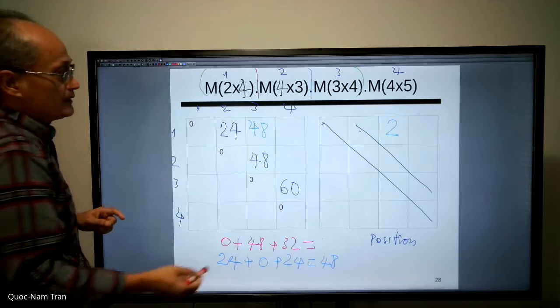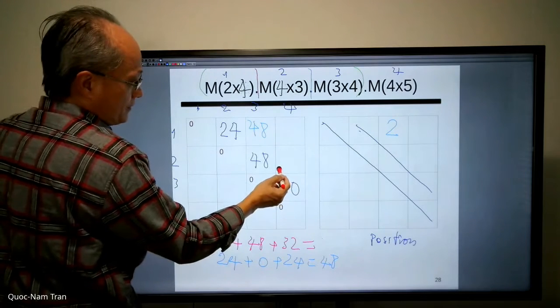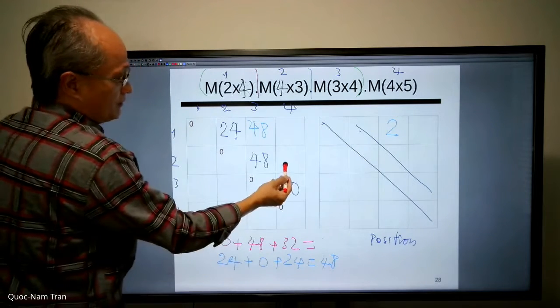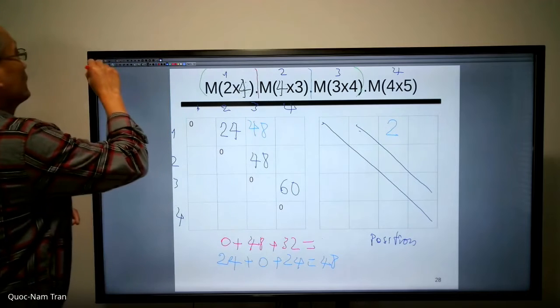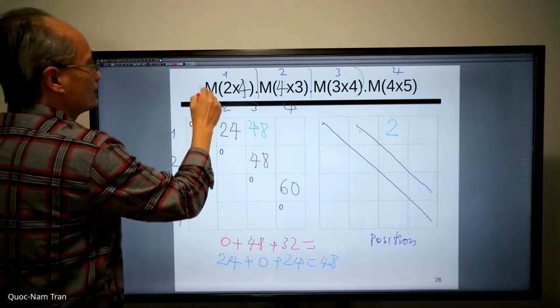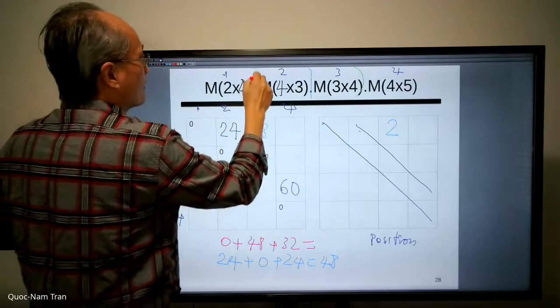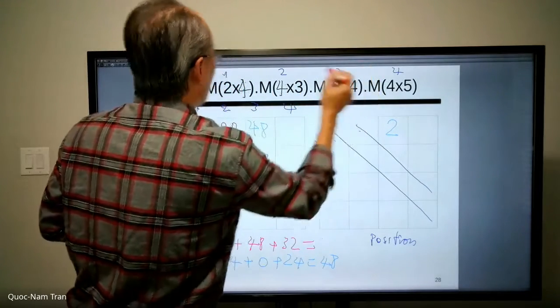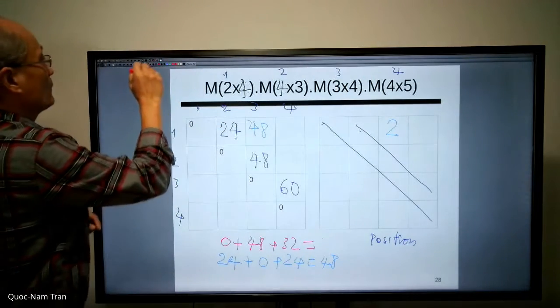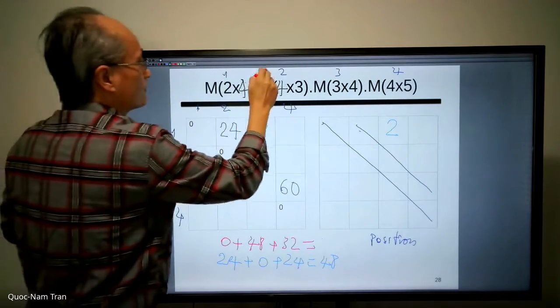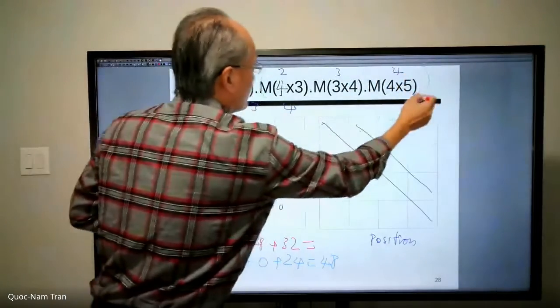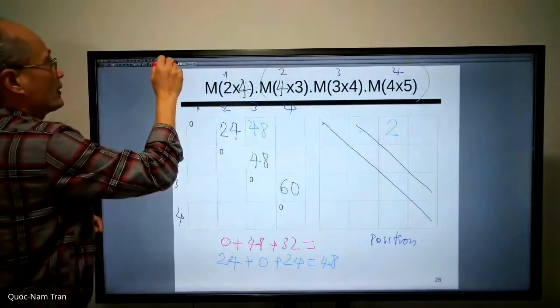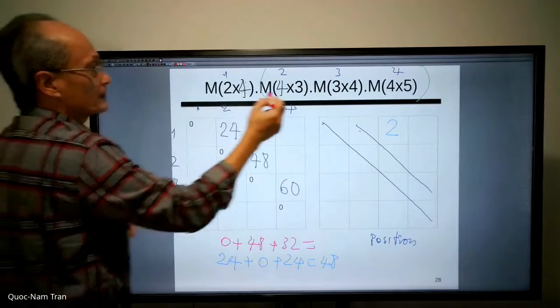So similarly, we need to find out the value for this cell, right? So we will do the same thing. Okay, so here we have the sequence from 2 to 4, and hence we have two different ways to partition it.